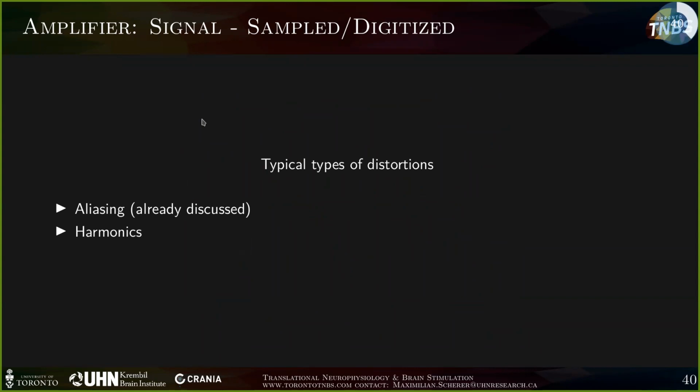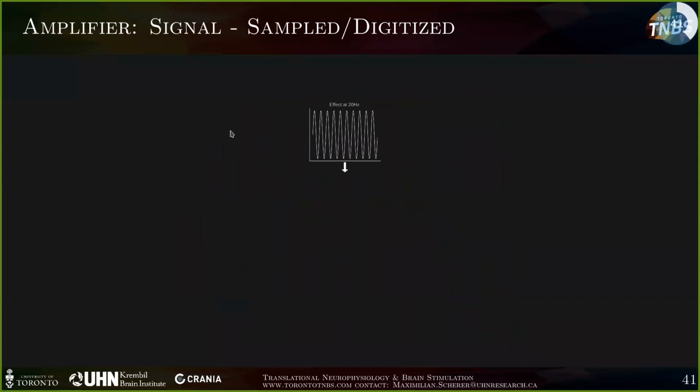Another issue you may have in your signal is harmonics. Let's say you have an effect at 20 hertz and you want to sample that. And you record something that looks like this beauty here, which doesn't even closely resemble what you wanted to record in the first place. That may be because the signal you recorded came from a source that had a really high impedance, and there were specific conditions met in the setup which are quite difficult to get rid of.